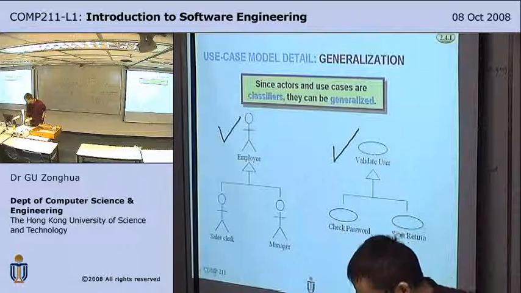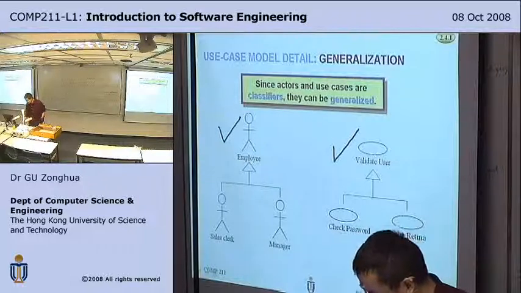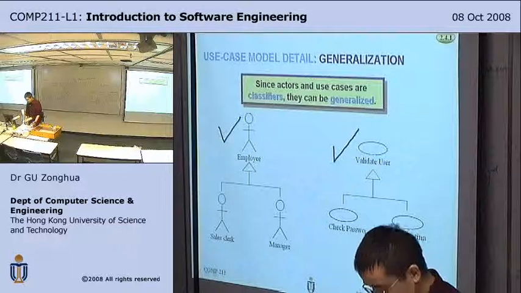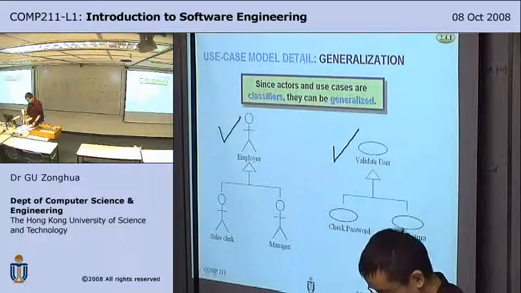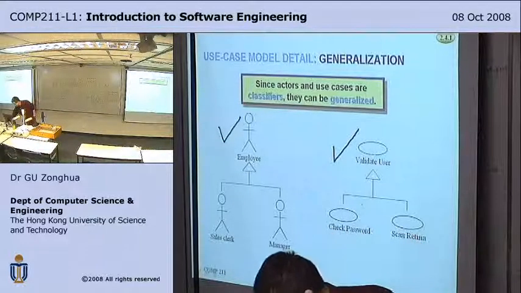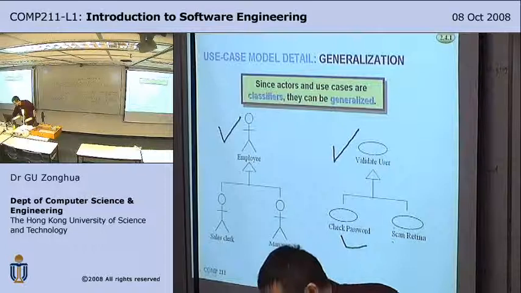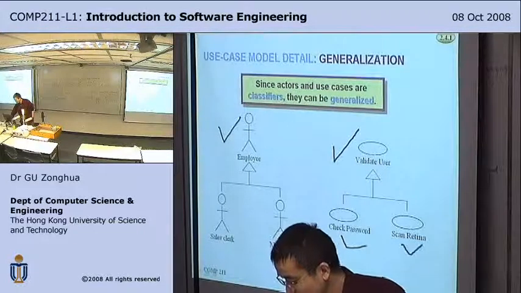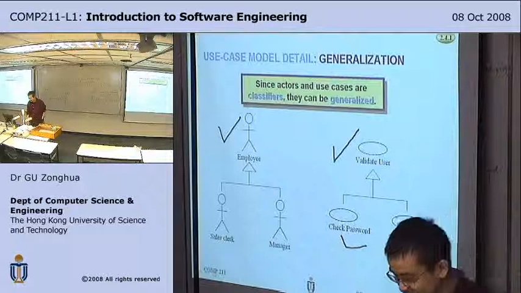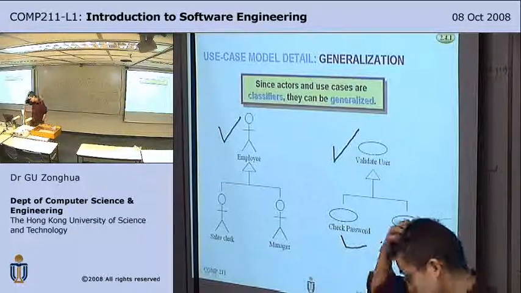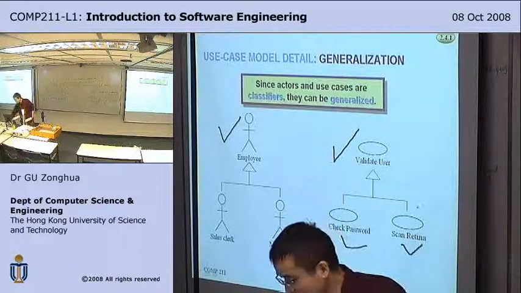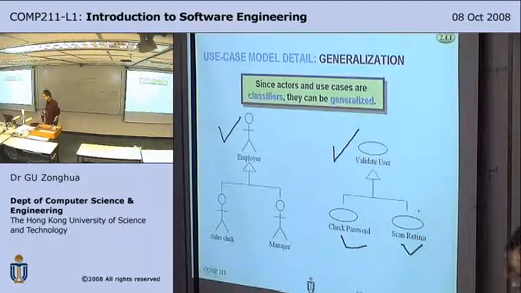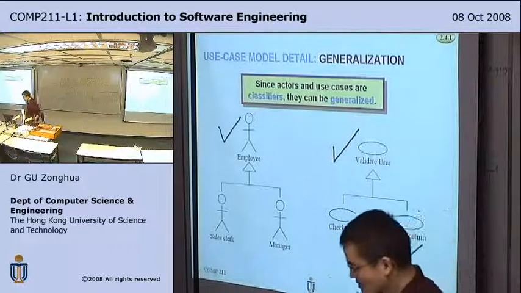So for example, you may have a use case validate user, which may be performed in two different ways. One is check password for validating the user, or you can scan retina for validation. So both perform the same functionality of validating the user, but with different techniques.